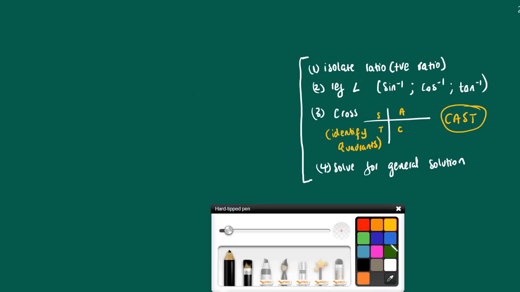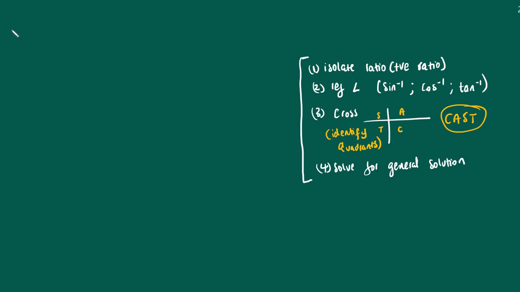Still, let's say we have the following as our number 3. Let's say you had 2 sine negative beta plus 20 degrees, and then you have a minus 1 is equal to 0.